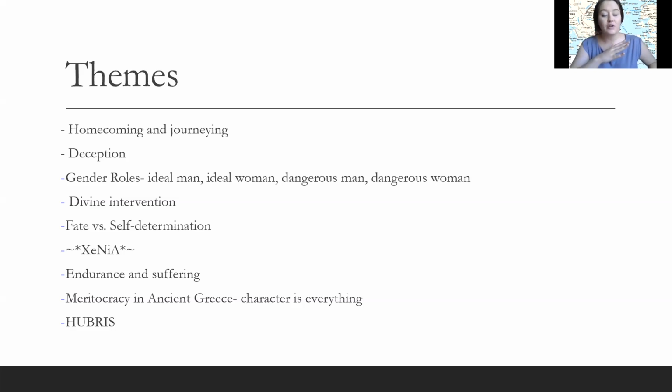The first that I'm going to talk about is obvious, the theme of homecoming and journeying. Odyssey literally means a long, arduous journey. And obviously, homecoming is what Odysseus is seeking throughout the entire epic poem. Not only is Odysseus seeking homecoming, which is in a lot of ways the most basic human story that there is, the journey home.